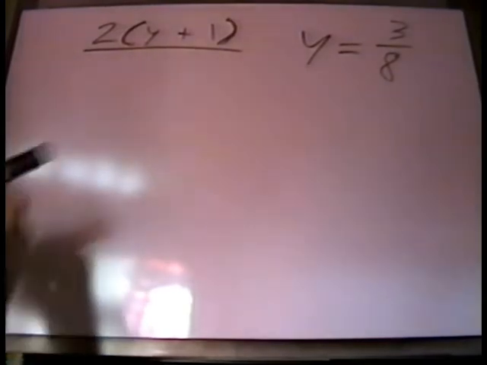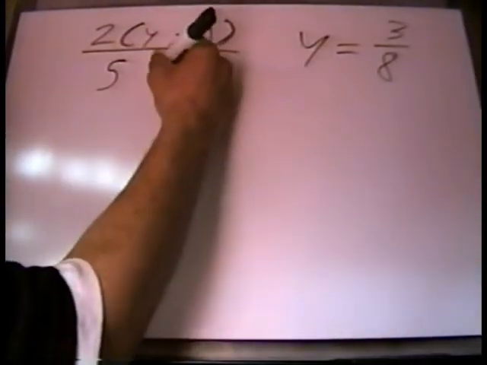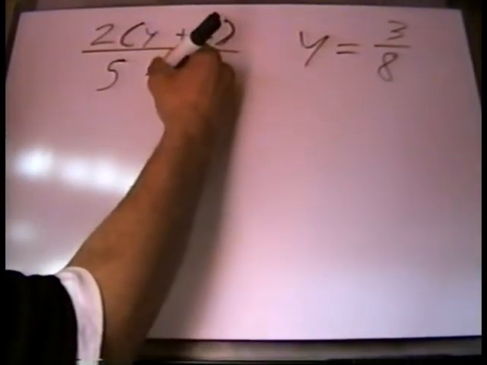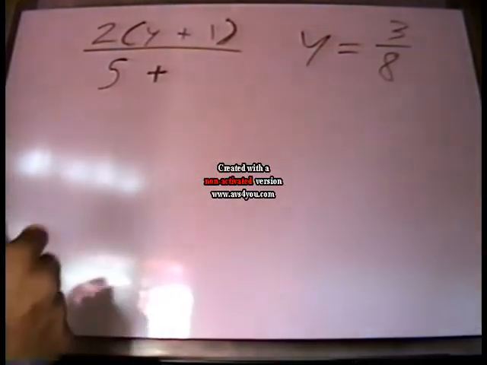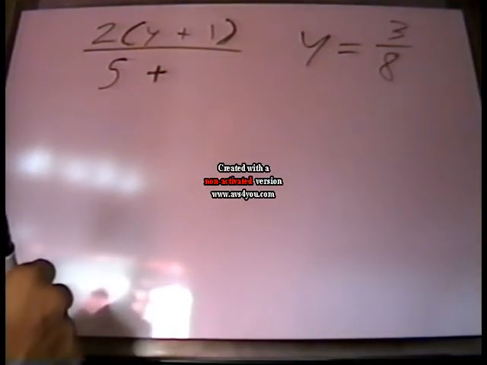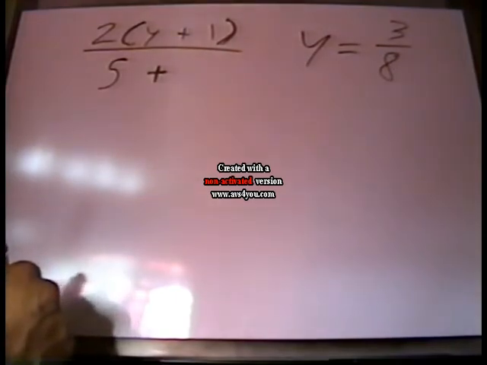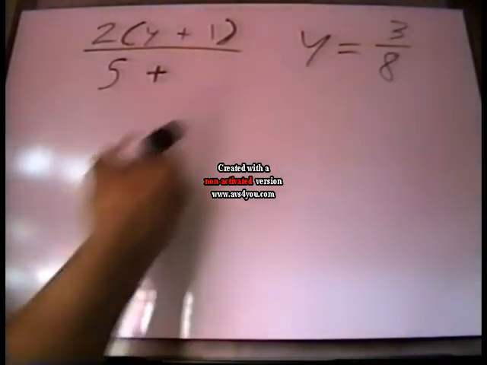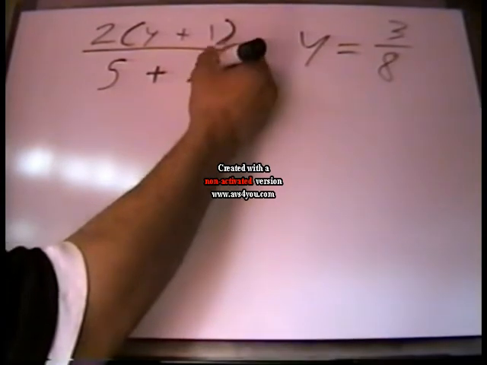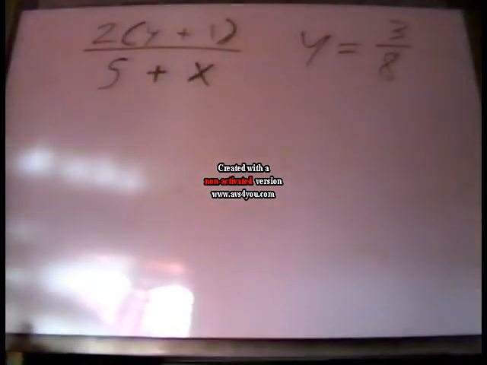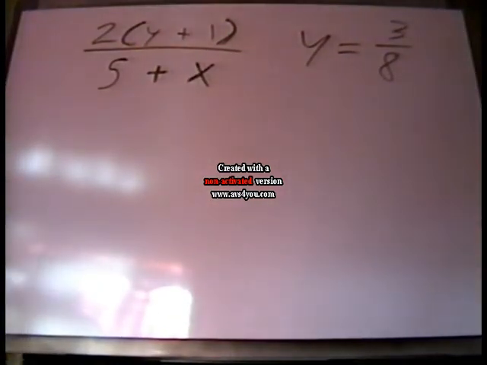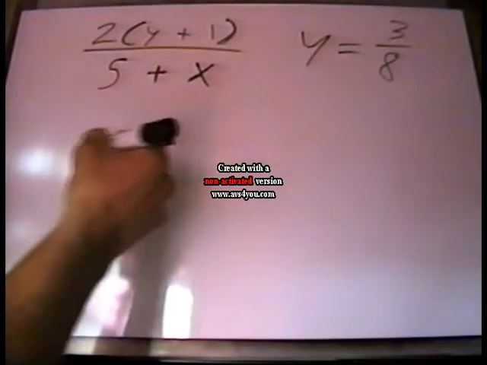The denominator, I'm going to change it up to, let's say, 5 plus x. Okay? And we're going to say y is 3/8. Okay? Now it's the same as we did before.